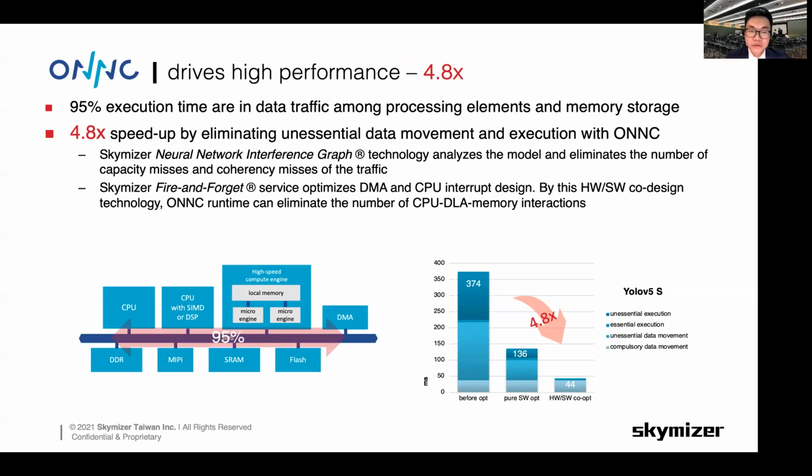So by observing the potential optimizable parts in the SoC, we could gain 4.8 times speedup in one of our cases through ONC's optimization, thanks to deeply understanding SoC behavior.